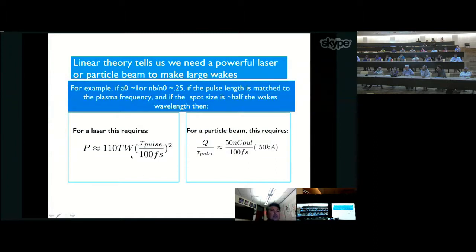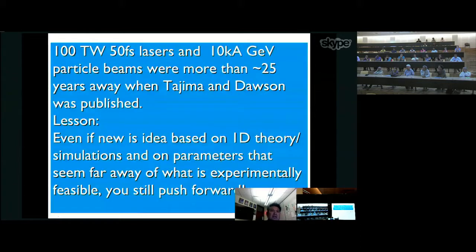If one had waited to work on the theory and the simulations until these lasers were ready, we would never be in a position to have done anything. So I stress, 100 terawatt, 50 femtosecond lasers and 10 kiloamp GeV particle beams were more than 25 years away from when Tajima and Dawson was published. So the lesson, even of a new idea based on 1D theory and simulations, is that you still need to push forward.